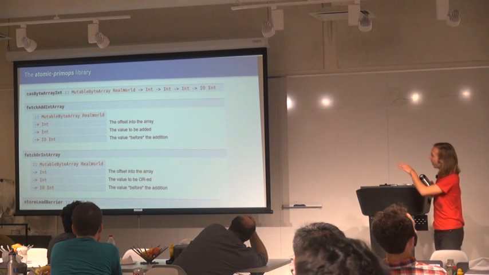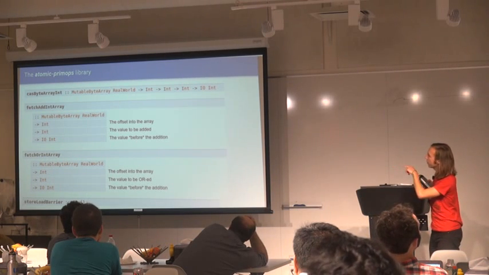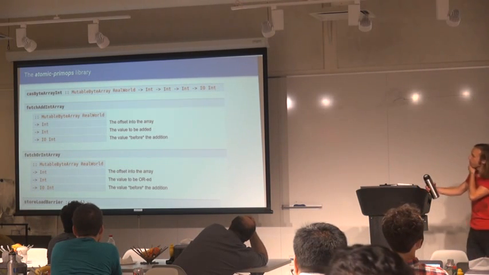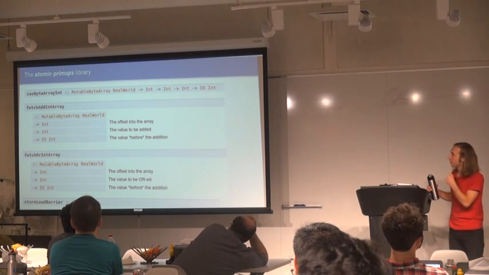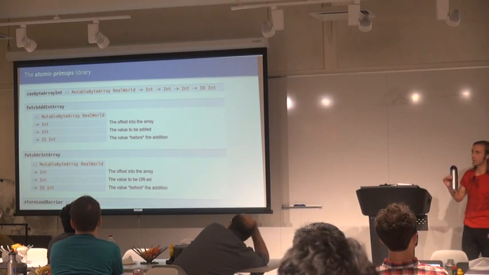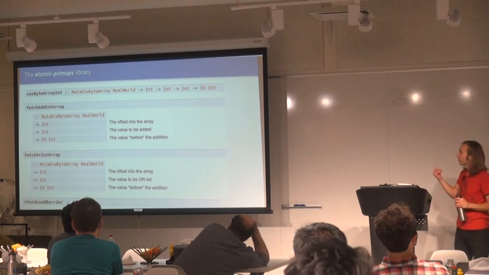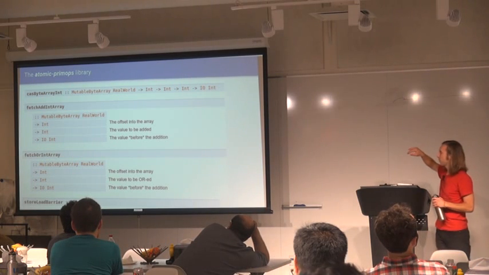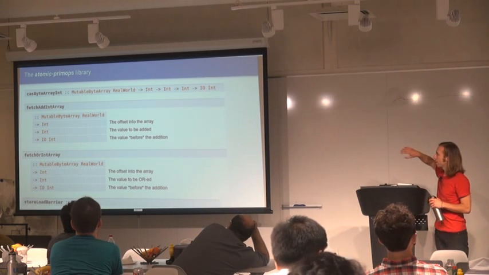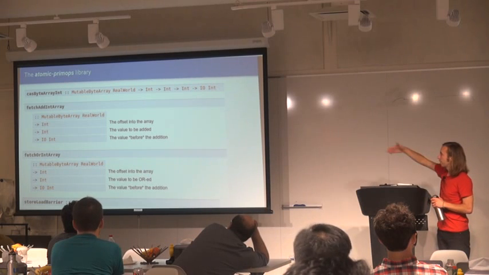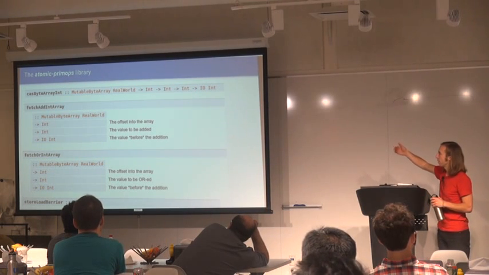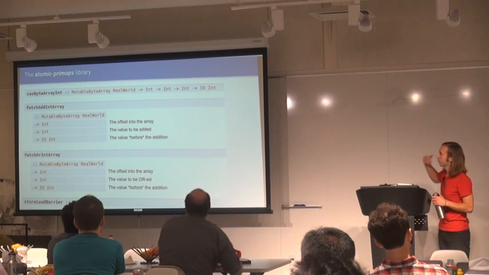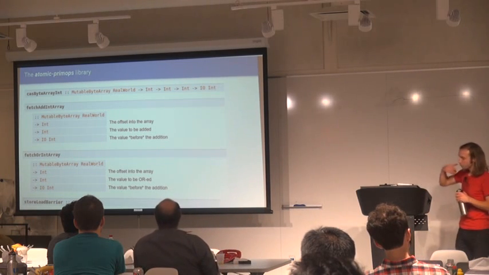So fetch add int array and fetch or int array, those I think are only supported on Intel architectures, and I found they perform really well under contention, and they always succeed. The way this works is you give it a location in the array, and in the case of fetch add int array, the value you want to add, and it will do that and return you the value before the addition.